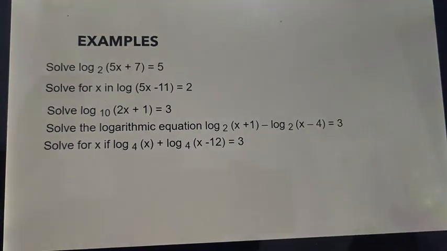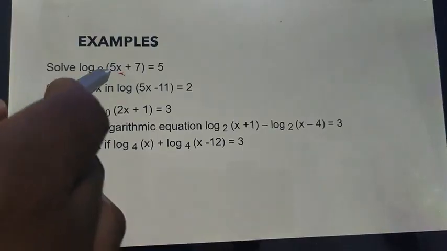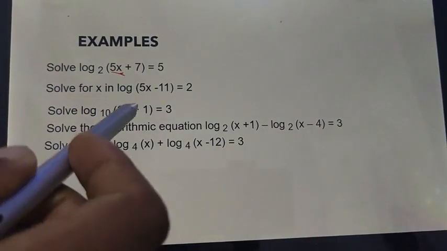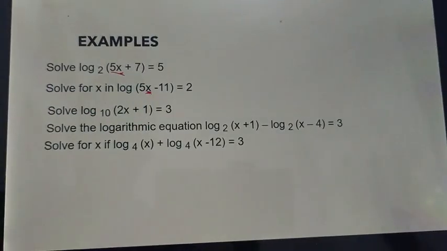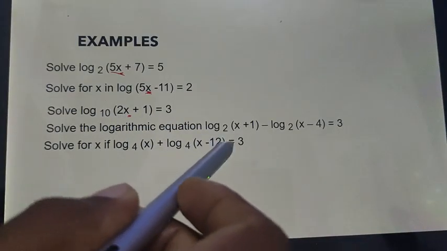Okay, so let's look at examples, not just an example. We have example 1, where we are saying log of 5x plus 7 of base 2 is equal to 5. Okay. In this case, we want to find x. That's the unknown. In the second example, that one as well, and that one as well.